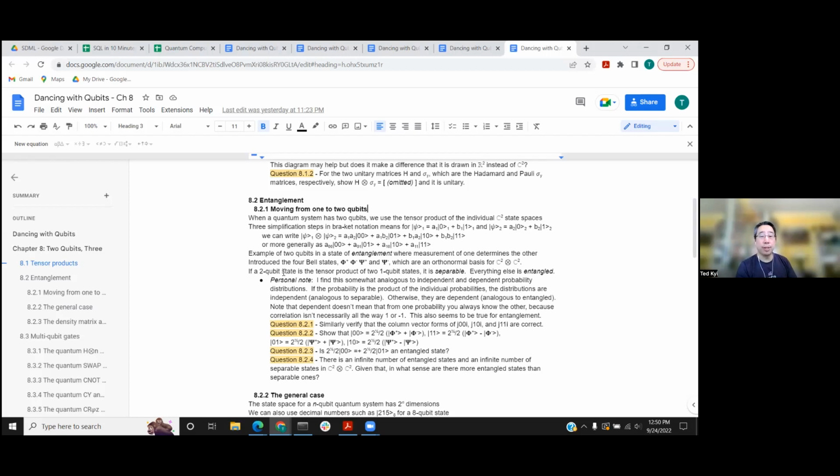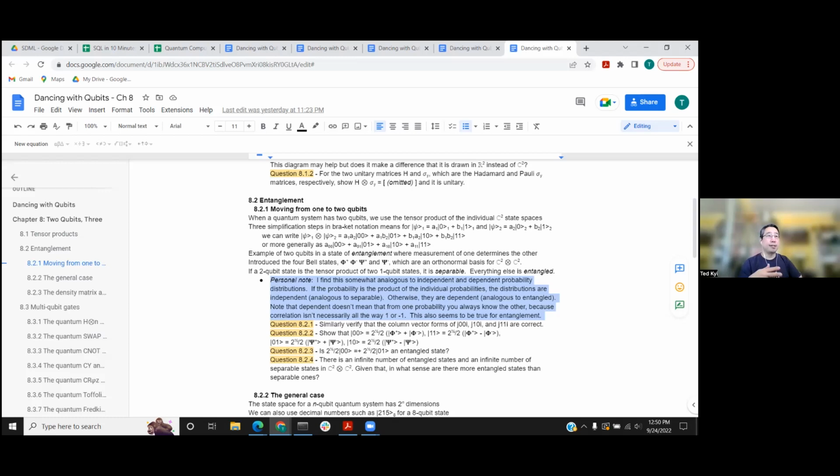So I threw in this personal note here. I say personal note because I don't know if this is 100% accurate, but I find this kind of analogous to the idea of probability distributions being either independent or dependent.